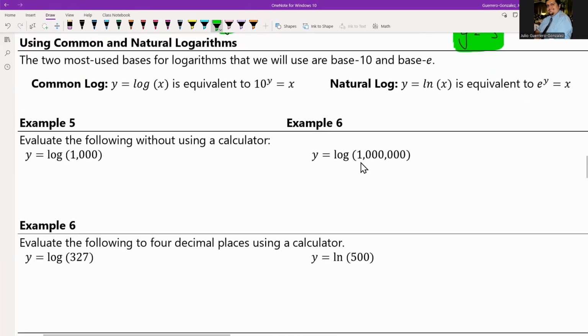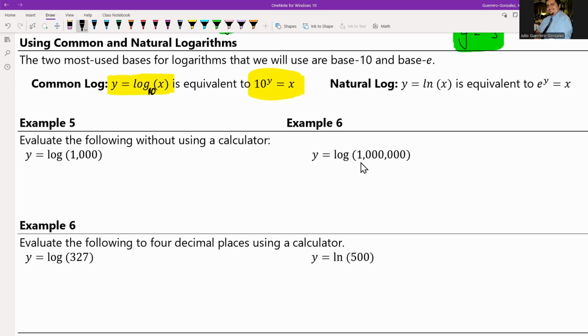There are 2 logarithms that are very important. These are the ones that happen so much that they get special treatment. The first one is what we call the common log. That is equivalent to this. Basically the number that's right here is supposed to be a 10, but we don't write it.